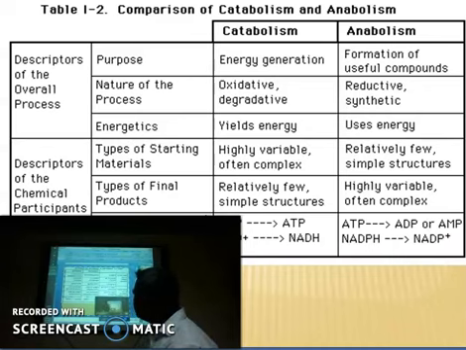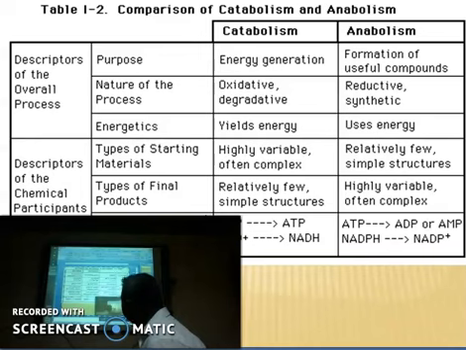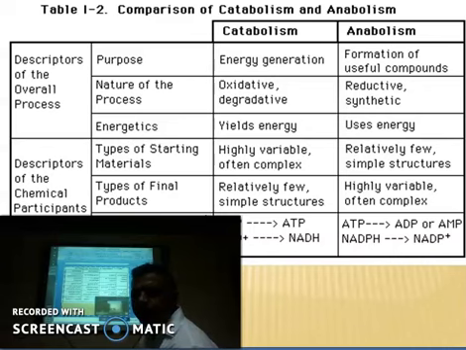Energetically, catabolism yields energy, whereas synthesis uses energy. Then the type of starting material: it is highly variable or more complex in catabolism, which requires polymer units, whereas relatively few simple structures are found in anabolism.